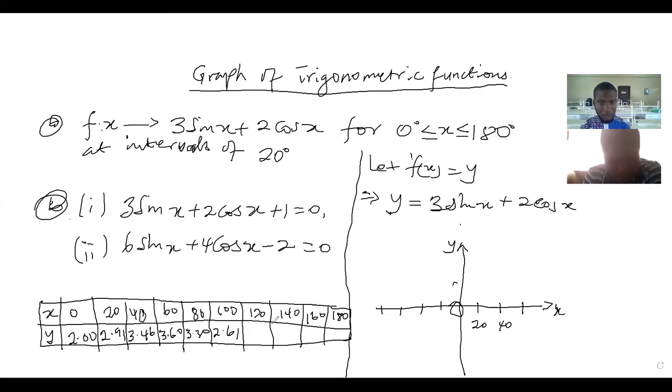And then 3 sine 120. Is it 120? Yes, sir. 3 sine 120 plus 2 cos 120, I had 1.60. And then 3 sine 140 plus 2 cos 140, I had 0.40.